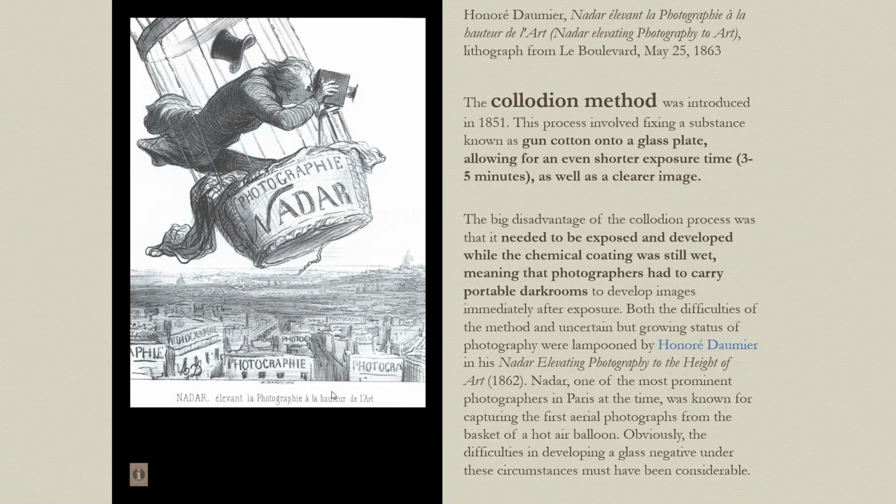Okay, further development, further innovation is the collodion method. In the collodion method, you put a light sensitive substance called gun cotton onto a glass plate. The advance of this is that it has an even shorter exposure time, so you only have to leave the camera exposed for 3 to 5 minutes.